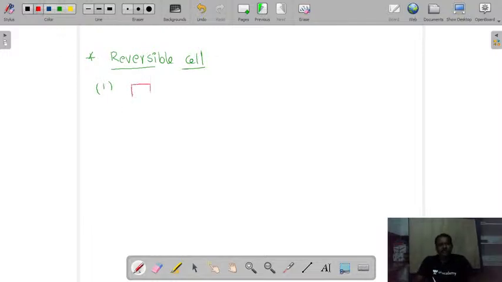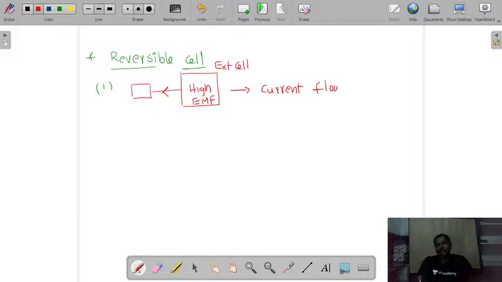First condition: if a galvanic cell is connected to an external source of high EMF, then current flows from the external cell to the galvanic cell.